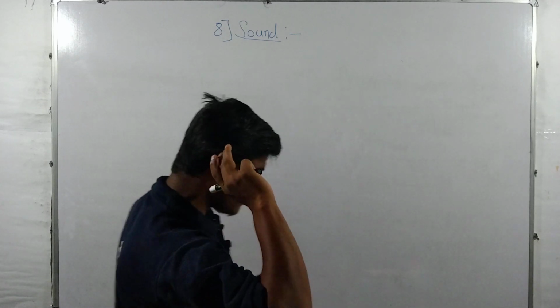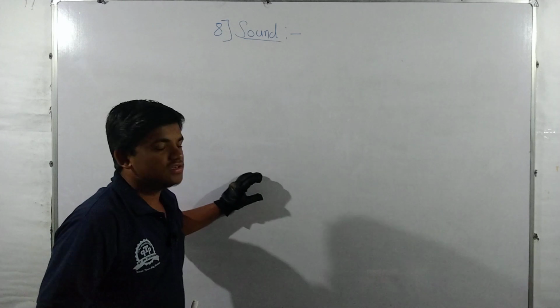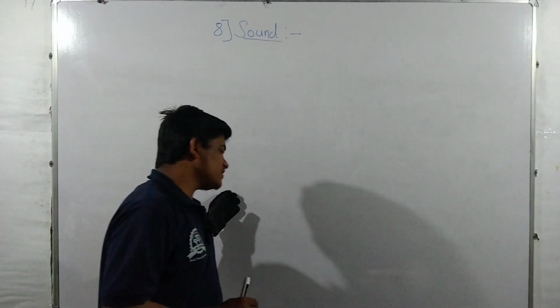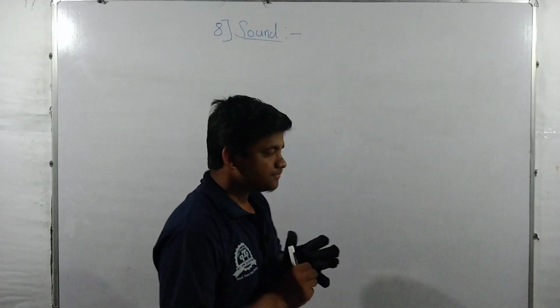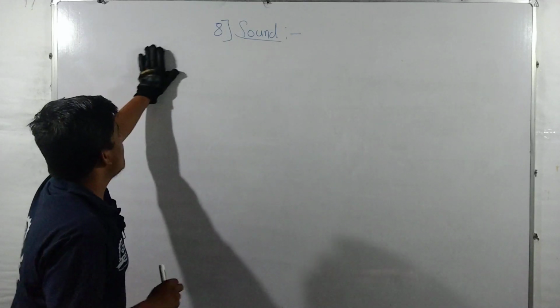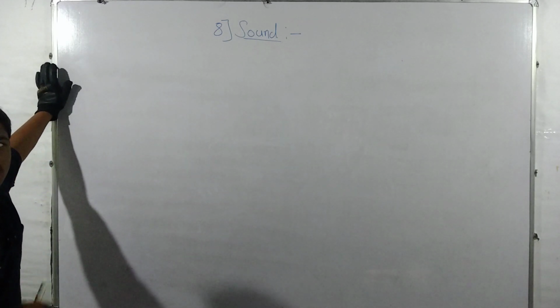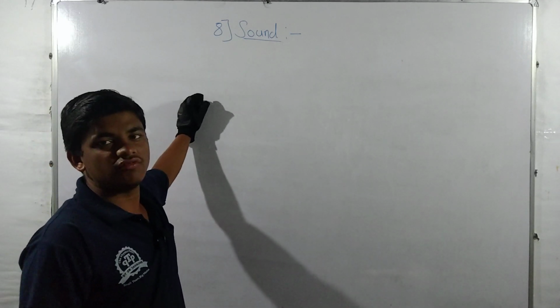When we describe the progressive wave or its displacement, we require position and time, because displacement has a definition. We know the definition studied in previous chapters: displacement is a change in position with respect to time.